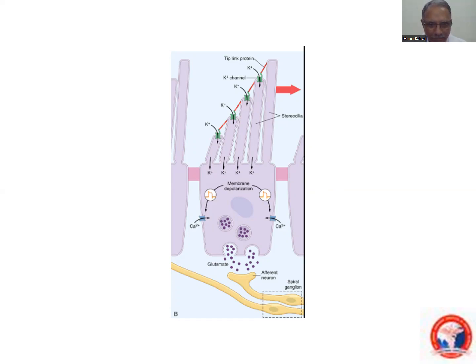This neurotransmitter is nothing but glutamate, which opens up sodium channels in the afferent neuron and causes an action potential. So this action potential is conducted via the spiral ganglion and goes via the cochlear division of the vestibulocochlear nerve.